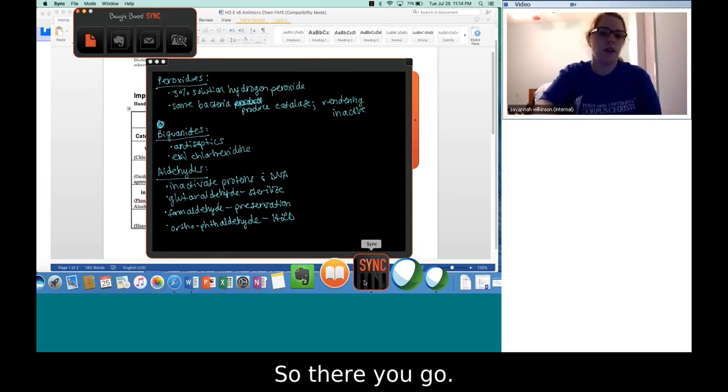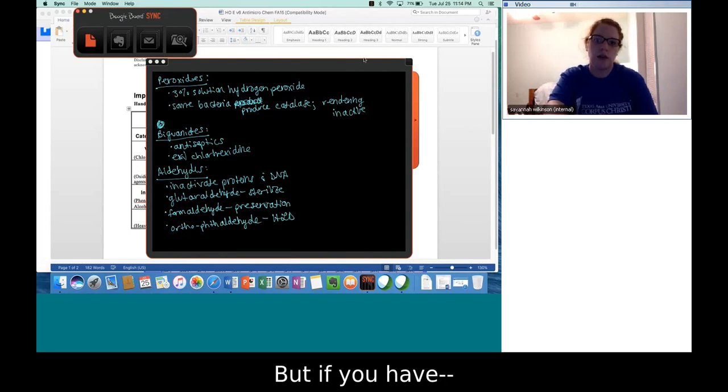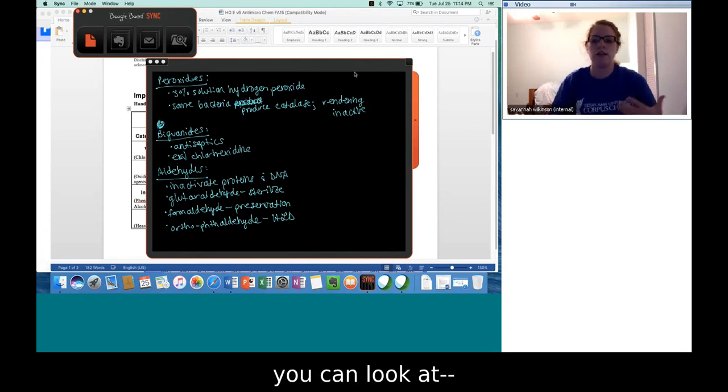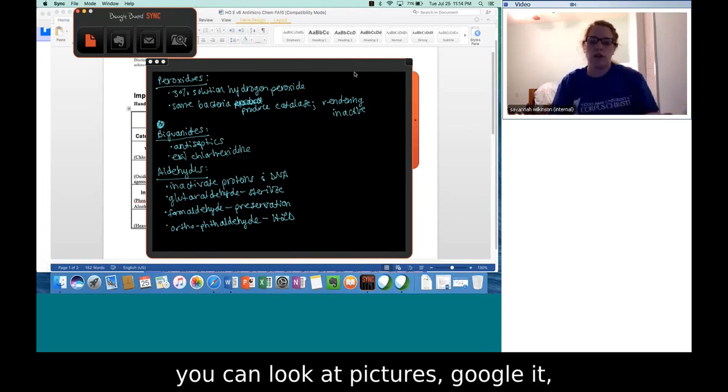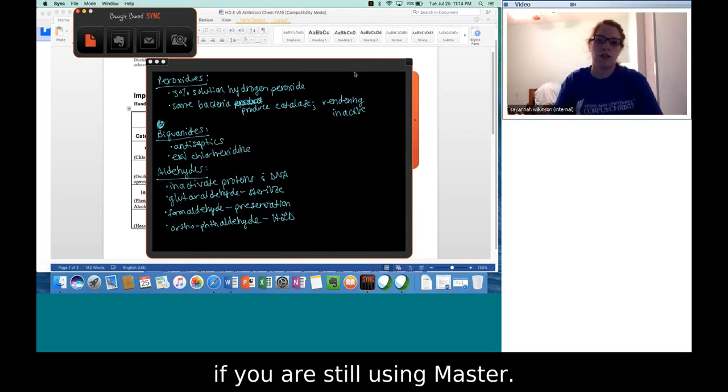So there you go. We covered a lot of ground very quickly, but if you have a lot of this, especially like with the filtration of the gases, you can look up pictures, Google it, or it'll probably be in your book if y'all are still using Mastering.